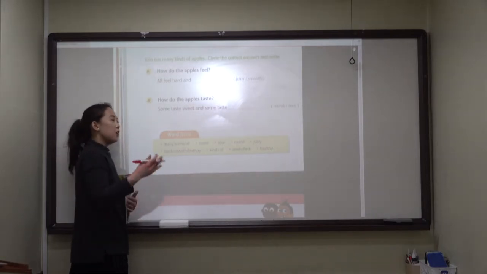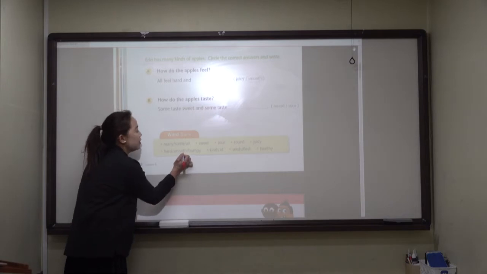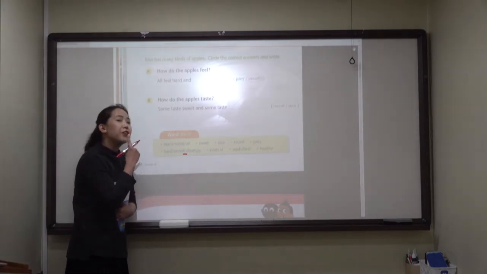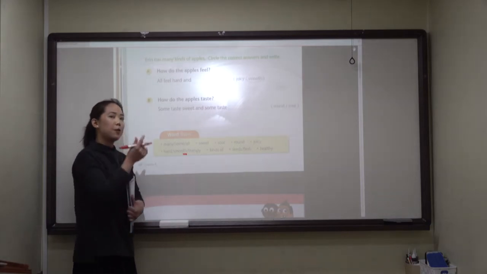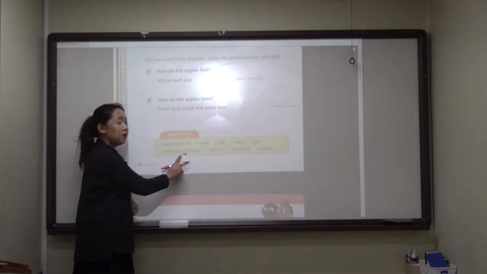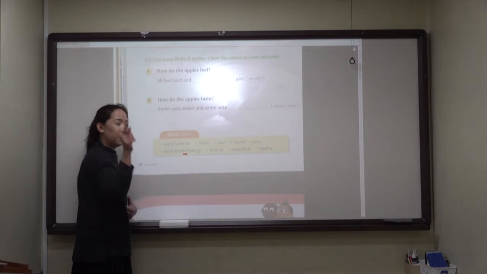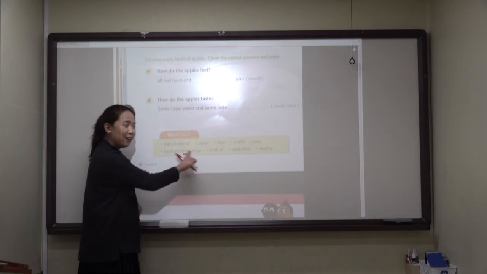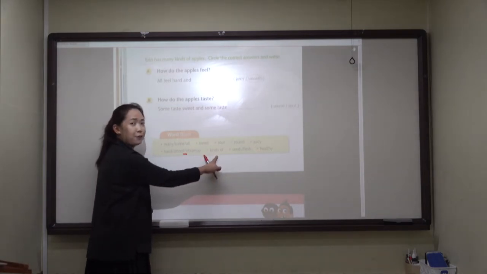Listen guys, like what I always tell you, this is a soft th sound, so there should be air coming out of your mouth when you pronounce the sound. Smooth. Very good. Next, bumpy. One more time. Bumpy. Good. Next, kinds of. One more time.